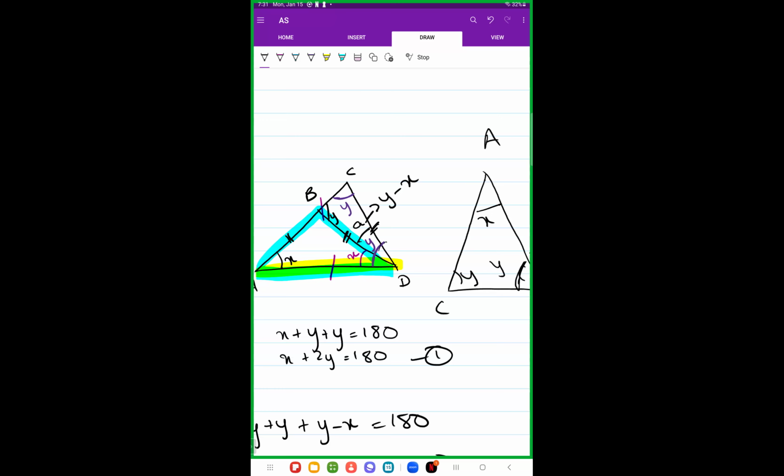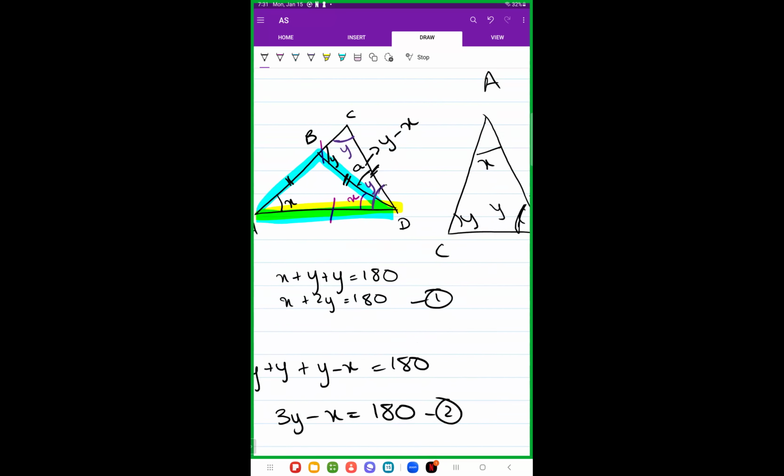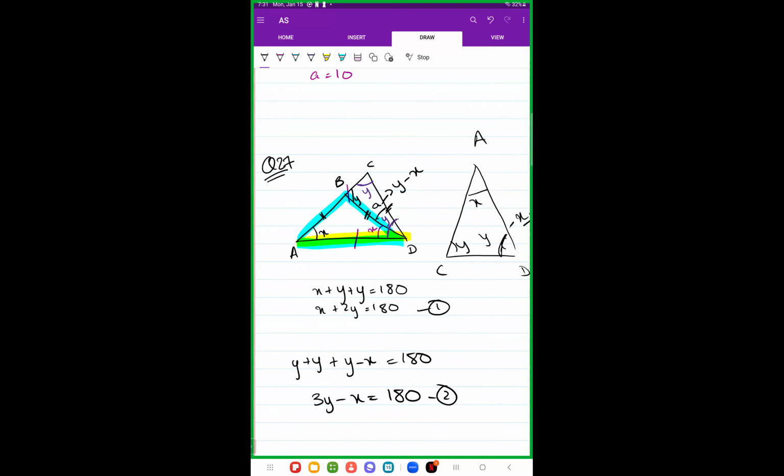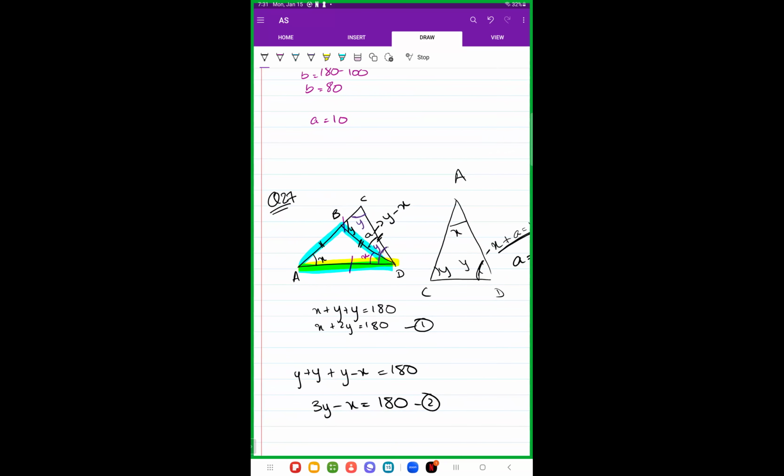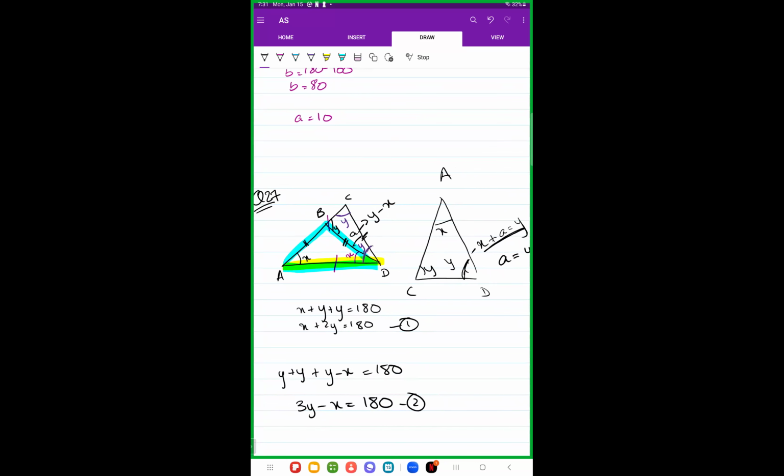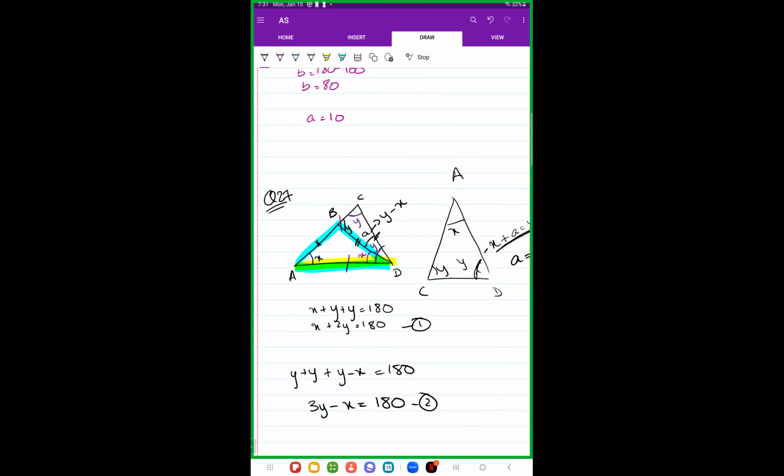I'm trying to make the equation for triangle BCD, which only includes two y's and an A. So why can't it be 2y plus A equals 180? Because it includes two y's and an A, and we do not want to work with A. That's why we're converting the A in terms of x and y.